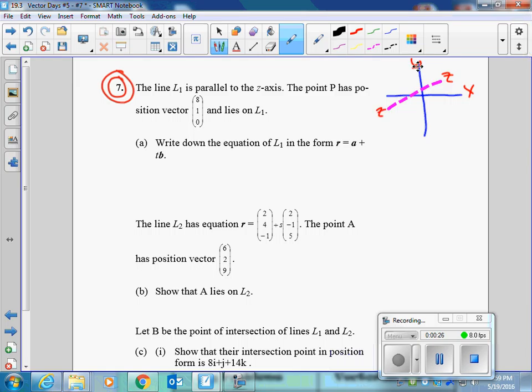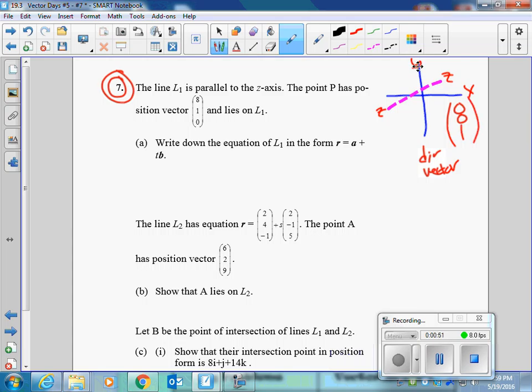You're saying that the point travels parallel to this purple one. So how far is it moving in the X direction? 0. How about the Y direction? 0. So the direction vector is going to be 0, 0, and then I don't know where it's going.